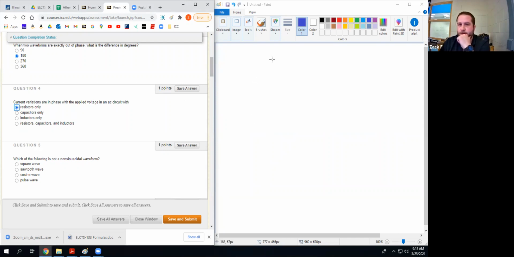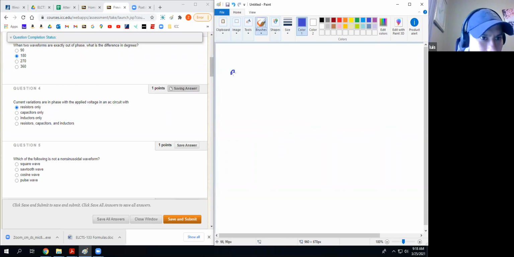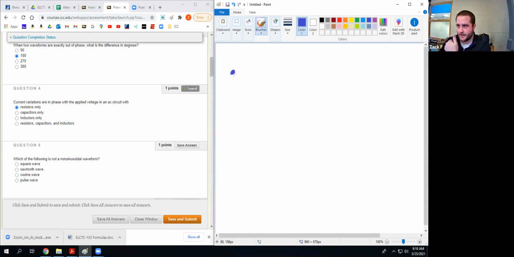So in a purely resistive circuit, where I'm going to draw some phasors here, this might not all make sense yet, but it will the more we get into capacitance and inductance, okay? If this is current, and this is voltage, they are in phase with each other.